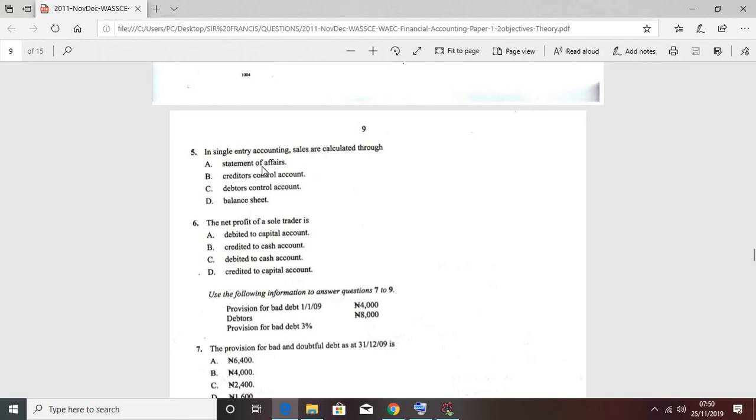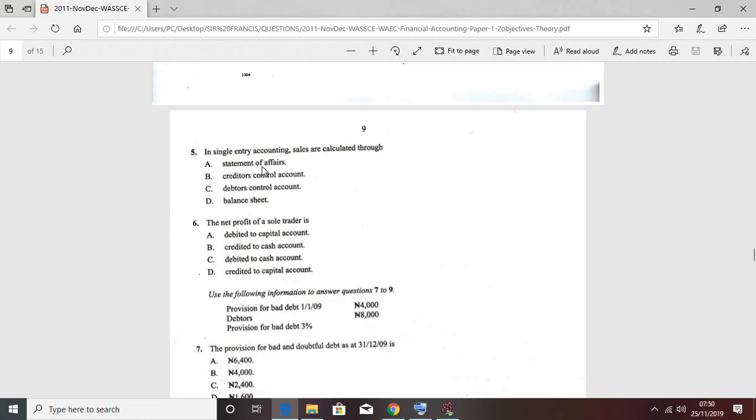So let's see, debtors control account. Yes, the moment you hear debtors, it means you are in the arena of sales. Debtors are the people that we sell goods on credit to. So the moment you hear debtors control account or debtors, it means you are in the realm of sales.